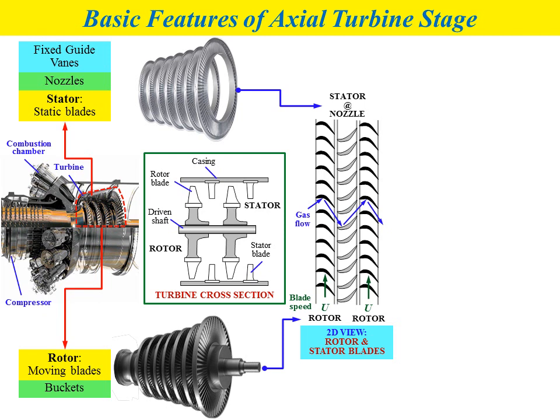Okay, the blue color arrow represents the gas flow direction or the gas flow vector. The arrow shows the direction of the gas flow through the rotor, nozzle, and also rotor.